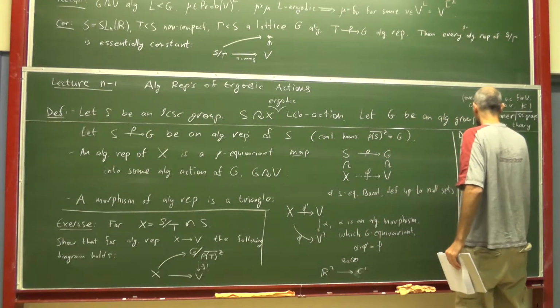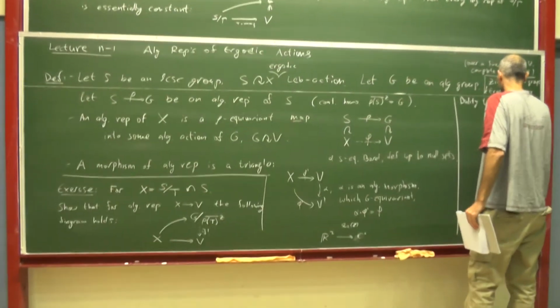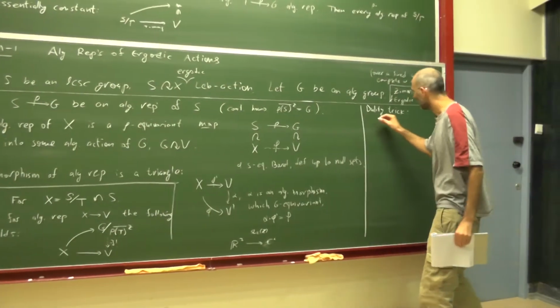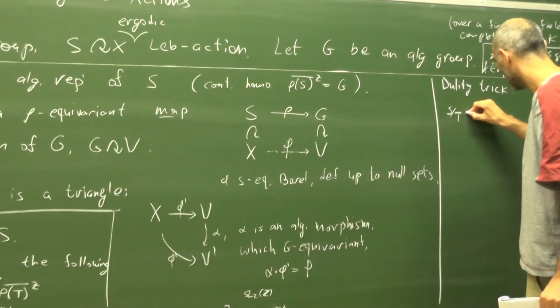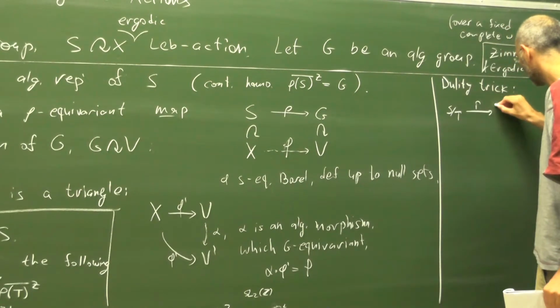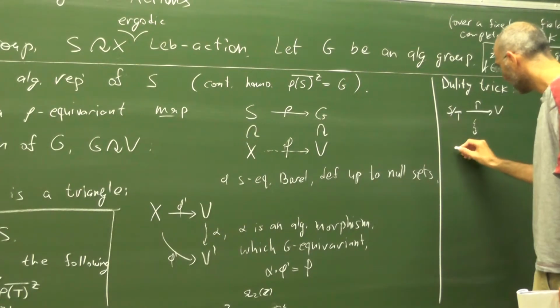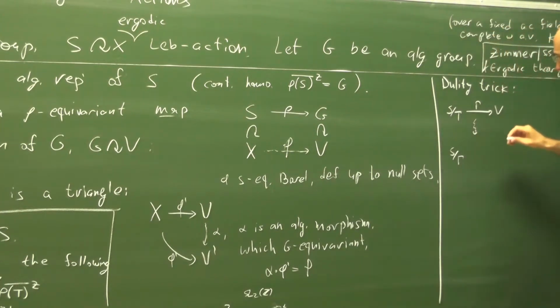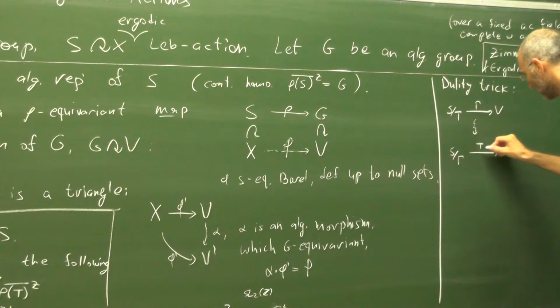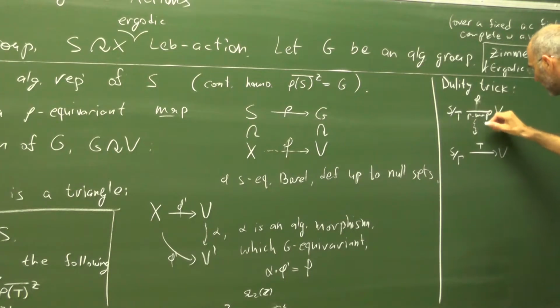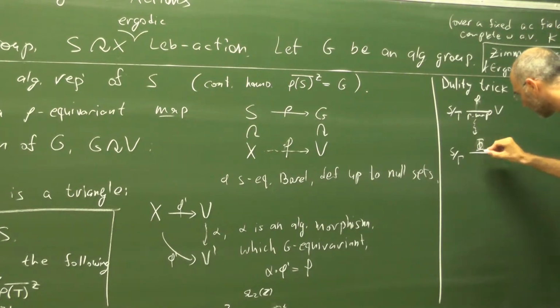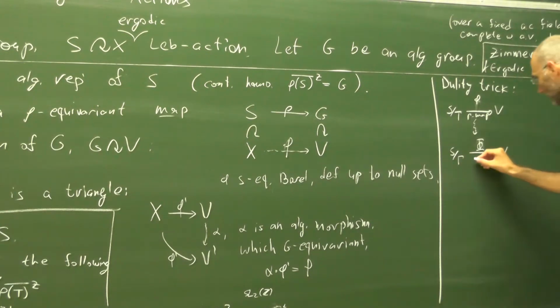We had this duality trick. If you have a gamma map from S mod T to V, we took it into a T map from S mod gamma to V. If this map is little phi, this is a gamma map, we call it for some reason big phi. This was a T map.